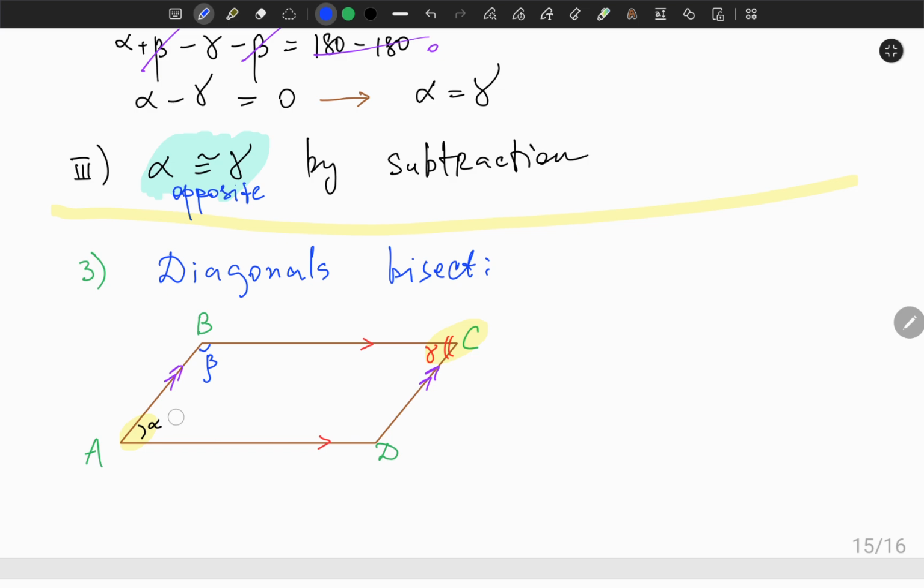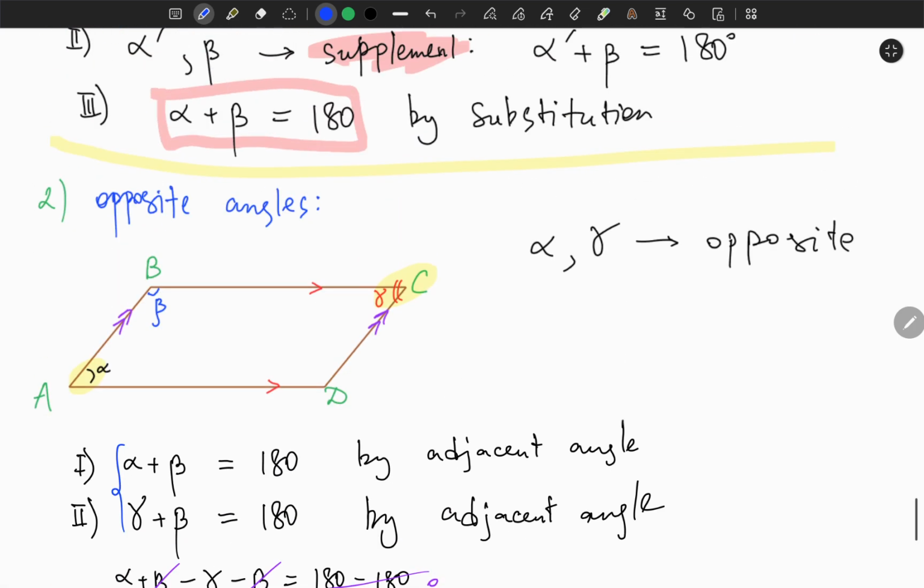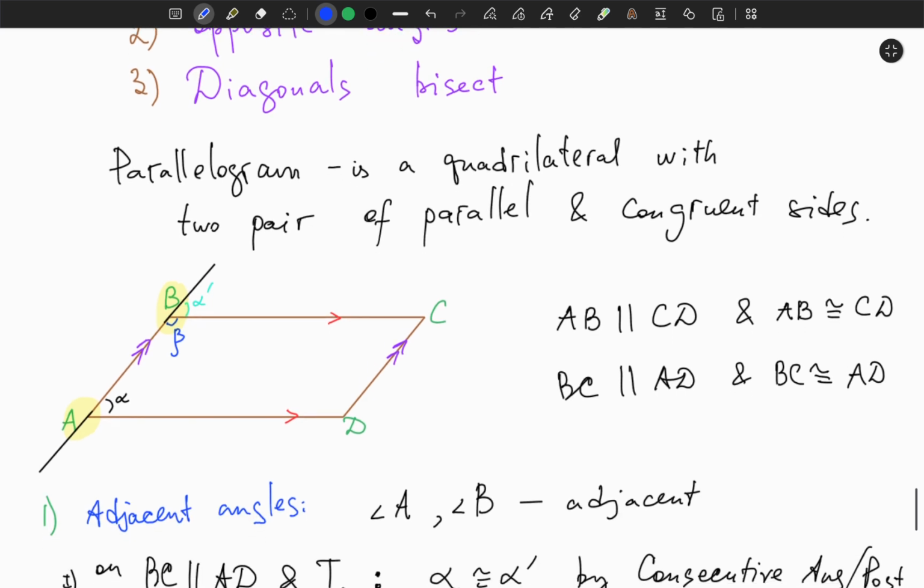Okay, what are we going to do? We're not going to work with these angles right now, later maybe. So we have our parallelogram, given the definition of the parallelogram.